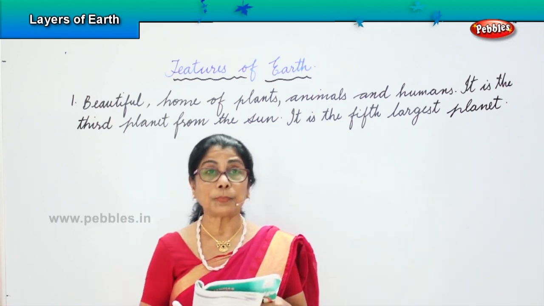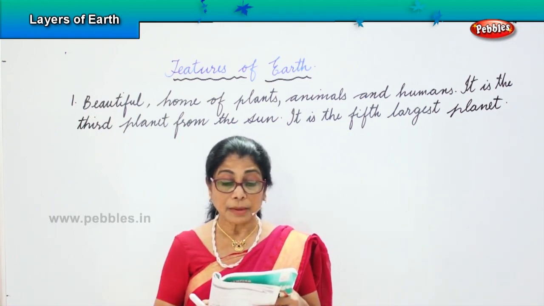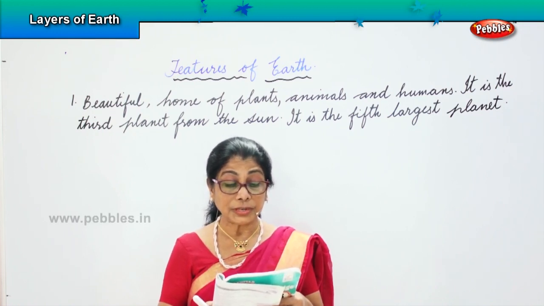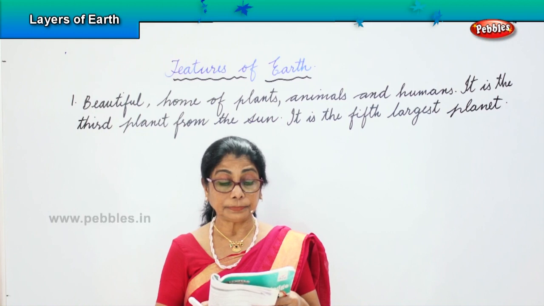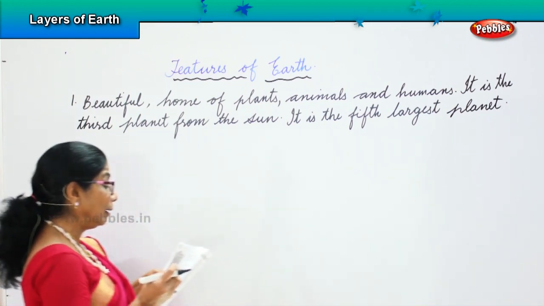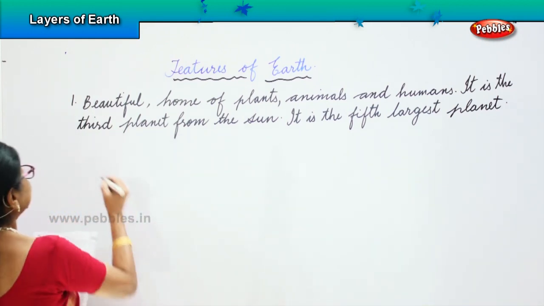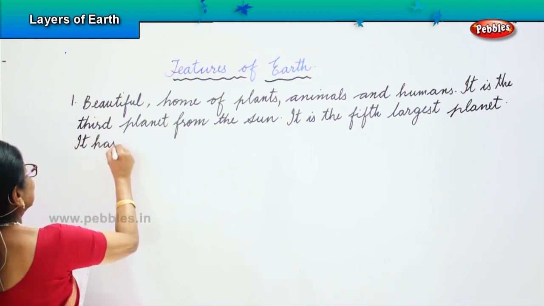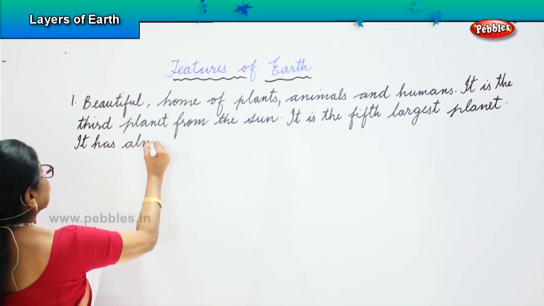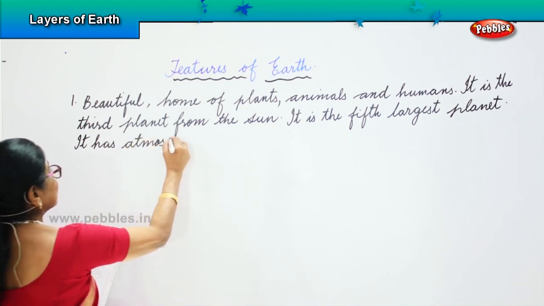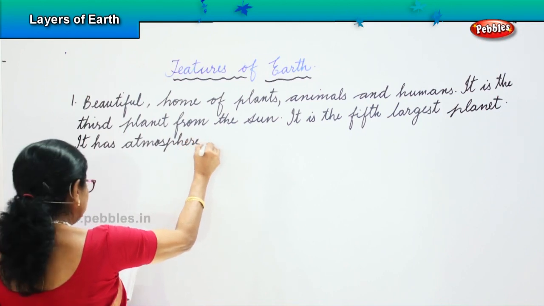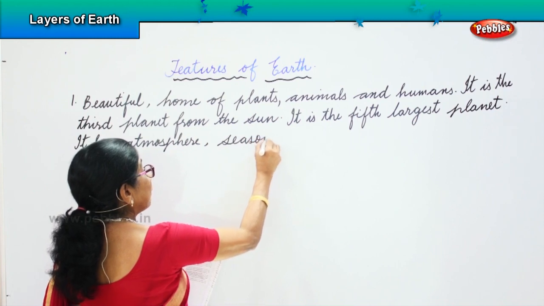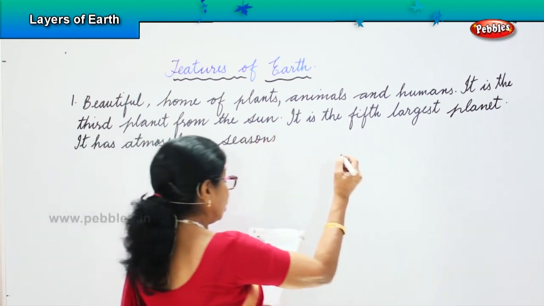Fifth largest planet. Some of the other planets have atmosphere, seasons, and even water. So our planet has atmosphere, seasons, and water.